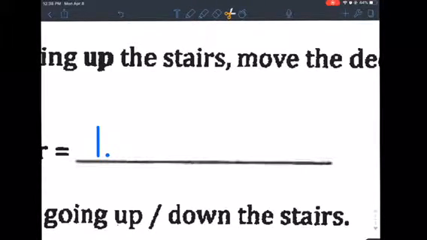What do they want me to do? I'm going from 1 meter to what kind of meters? I'm going to decameters. Now, on the staircase, I'm going from here to here. So, Alicia, my first question is, am I going up or down? I'm going up.